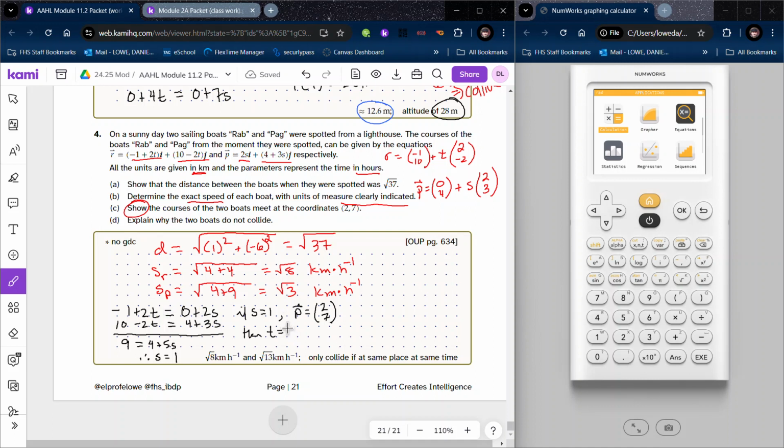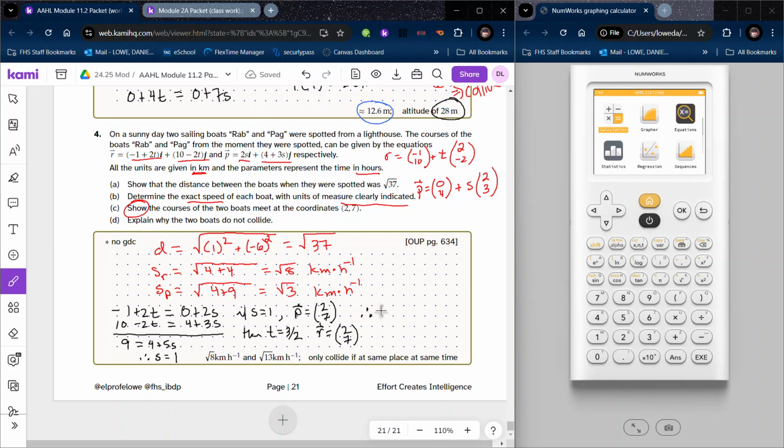So t would be equal to 3/2, right? And so that means that the Rab is going to be at position negative 1 plus 2 times 3/2, that's going to be 2, and 10 minus 2 times 3/2, that's going to be 7.